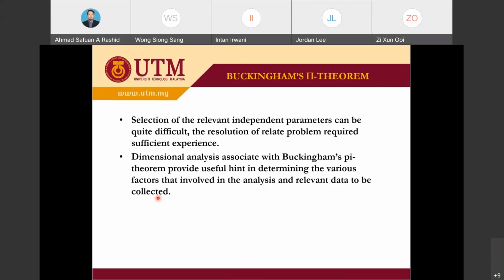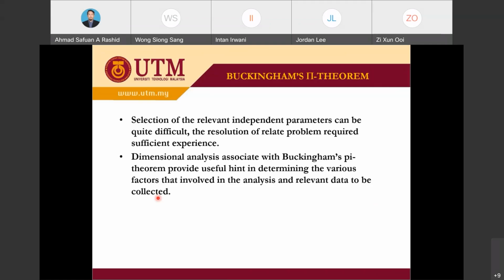For example, if he or she wants to look more at parameter A, most probably there will be a lot of parameter A in the equations derived. If he or she wants to investigate parameter B, he or she will develop a lot of equations related to B.